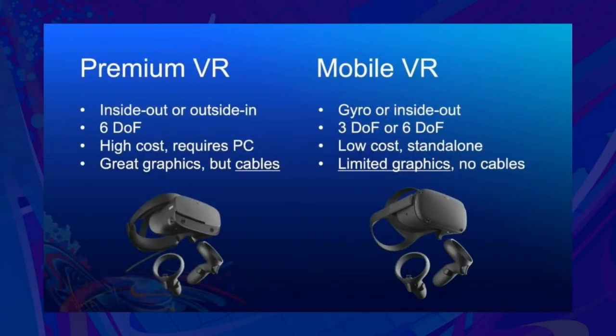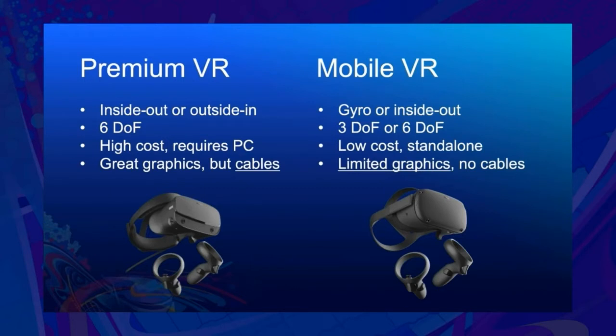On the VR side, there used to be a clear segregation between premium and mobile systems, but now it's all pretty much starting to converge. So for example, Oculus or Facebook are discontinuing their Rift product line, which would fall under the premium VR category, and they're no longer building PC-only hardware.